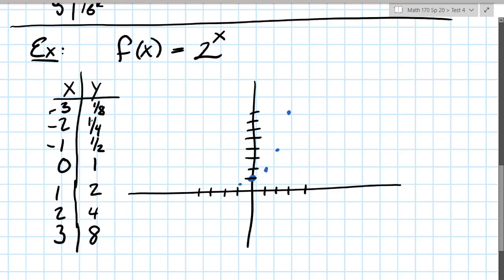To the left, there's a half, there's a quarter, there's an eighth. So it's really flat over here, and then it starts growing, growing, growing, growing. So there's our exponential function 2 to the x.